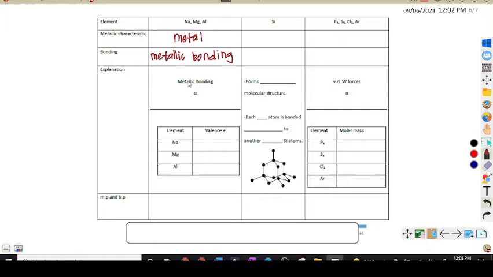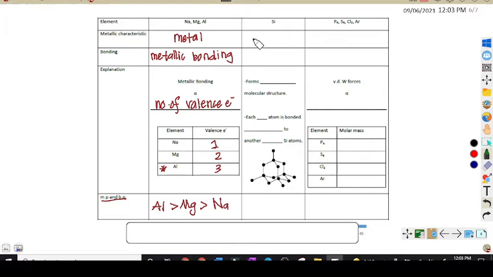Metallic bonding is directly proportional to the number of valence electrons. Sodium is in group 1, so it has 1 valence electron, followed by magnesium with 2 and aluminium with 3. Since metallic bonding is directly proportional to the number of valence electrons, aluminium has the strongest melting point and boiling point. So we arrange aluminium, followed by magnesium, which is stronger than sodium.